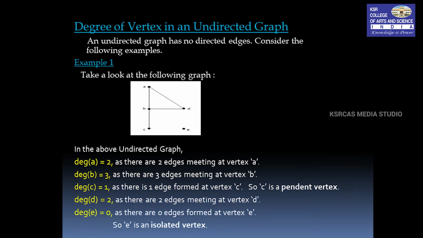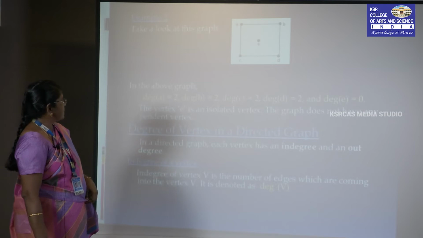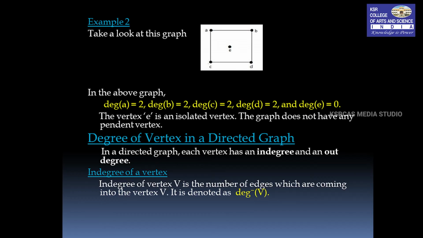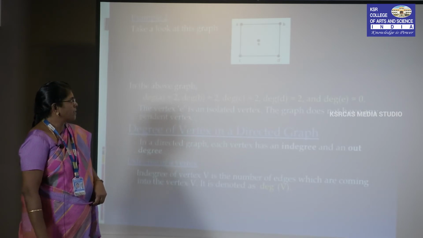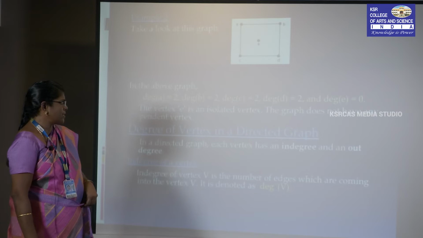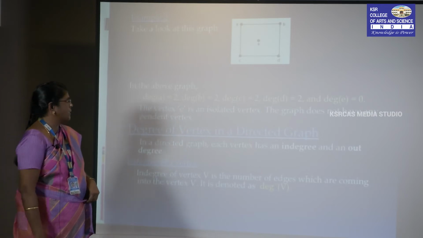If the degree of a vertex is 0, it is called an isolated vertex. Suppose the degree of a vertex is 1, that vertex is called a pendant vertex. See this example. In this graph, the degree of A is 2, B is 2, C is 2, D is 2, but the degree of E is 0 because E is not connected with any other vertices. So the degree of the vertex E is 0 and it is called an isolated vertex.